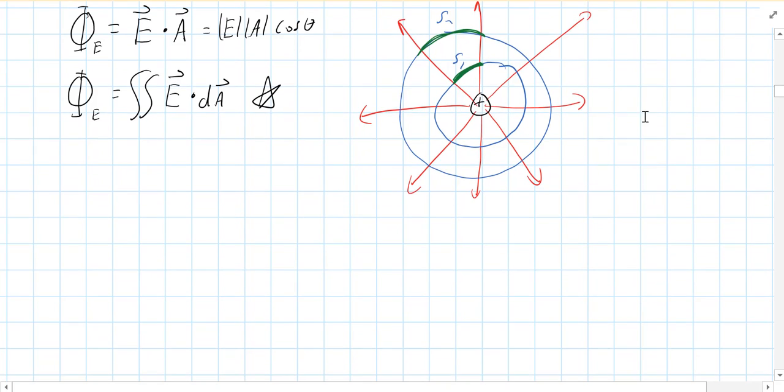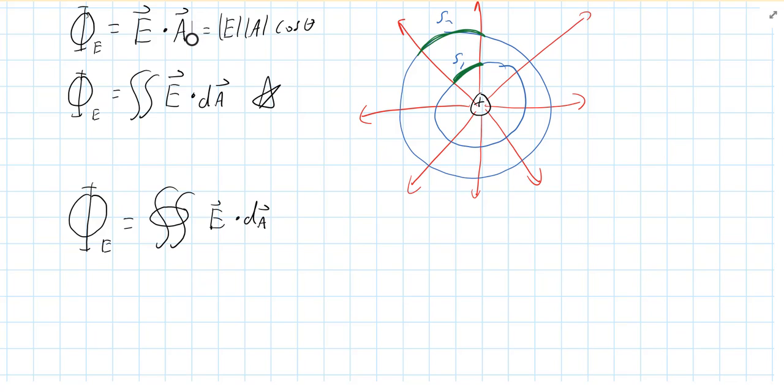Now, if you were going to calculate the electric flux, here's what you would do. Okay, you would have your equation. You would do a double integral because it's a surface, but now you'd put this loop around or in your integral, and you would write E dot dA. Okay, now what does that loop mean? Well, that has a very important meaning. That means a closed surface.